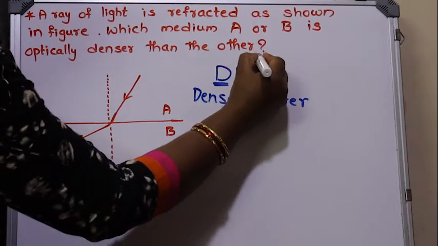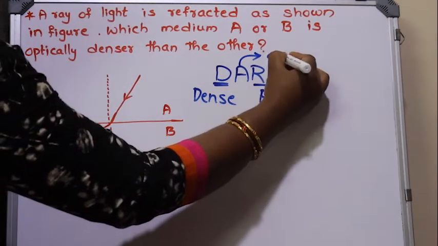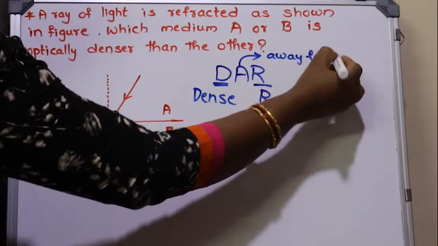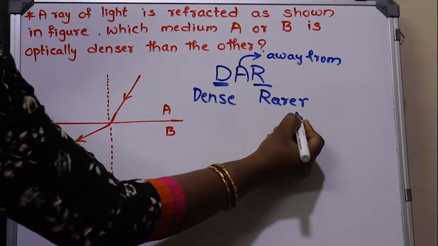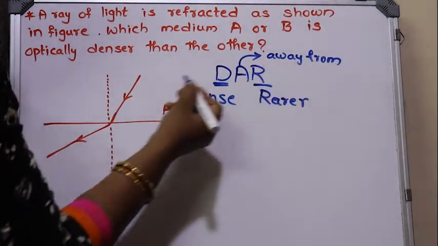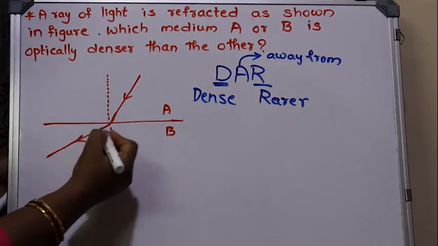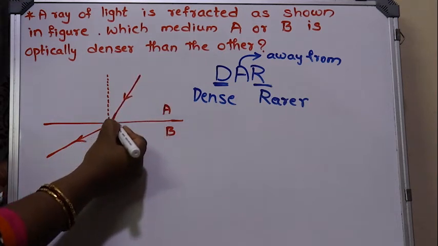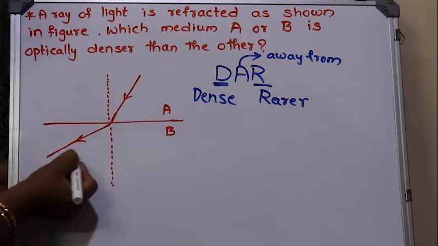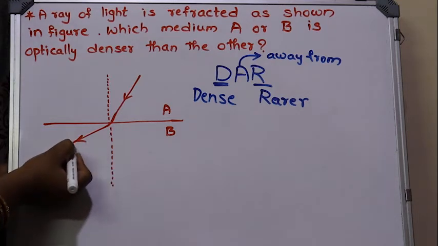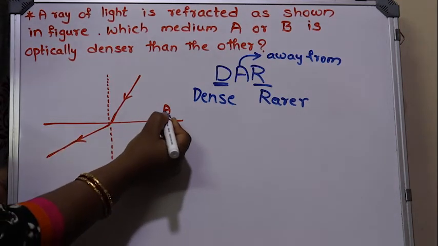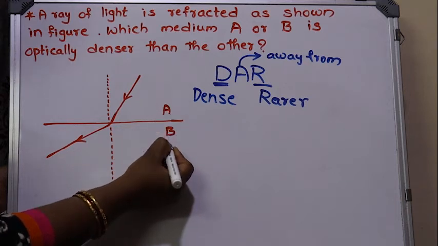A means away from. When the light travels from denser medium to rarer medium, it moves away from the normal. So in this case, the light is moving away from the normal. So the medium A is denser than the medium B.